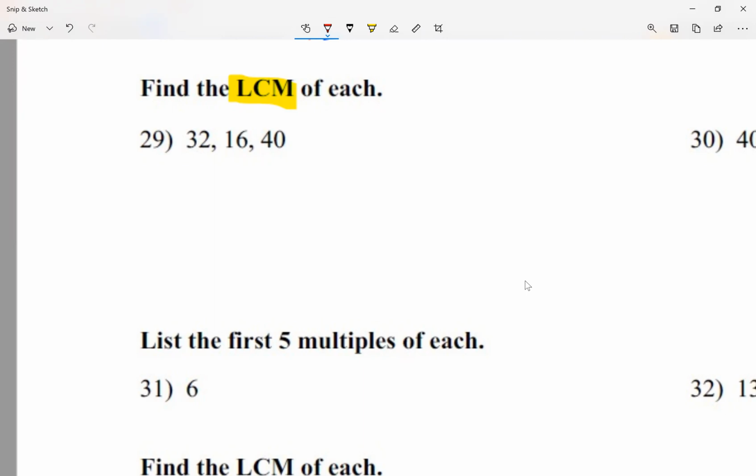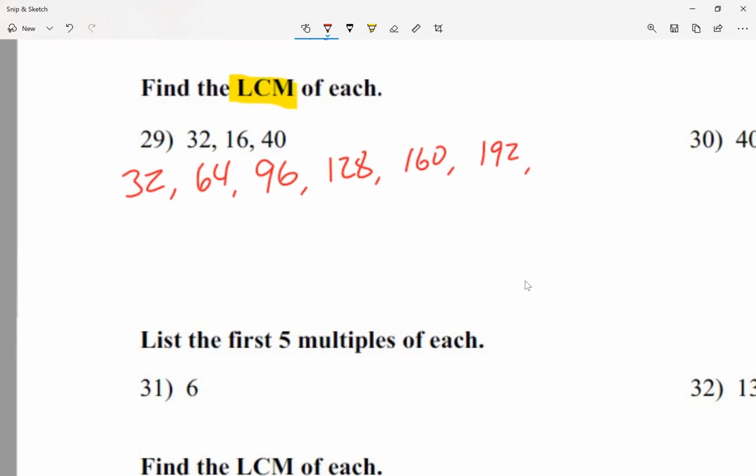That's going to be 32, 64, 96, 128, 160. Let me do a couple more. 192 and 224.